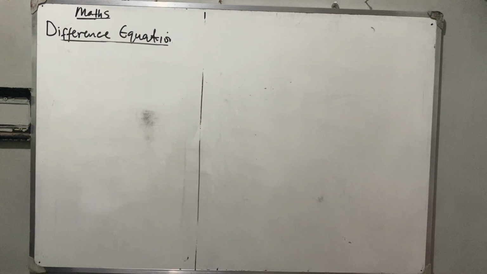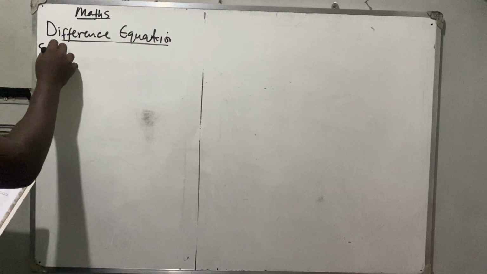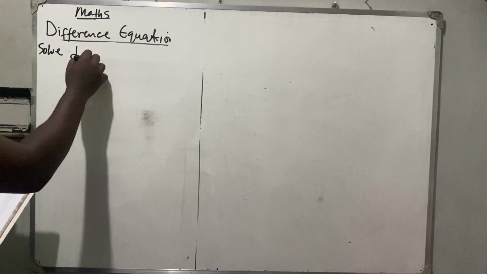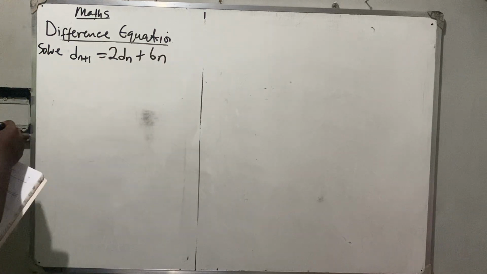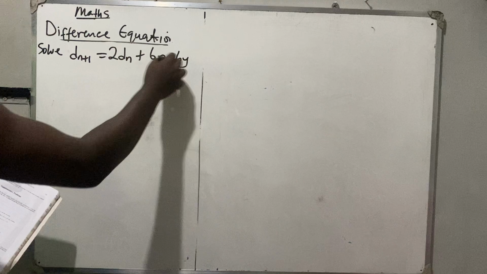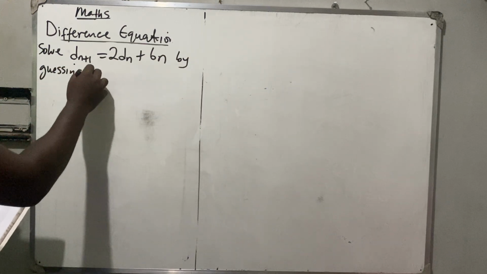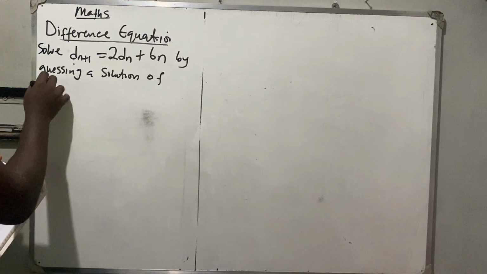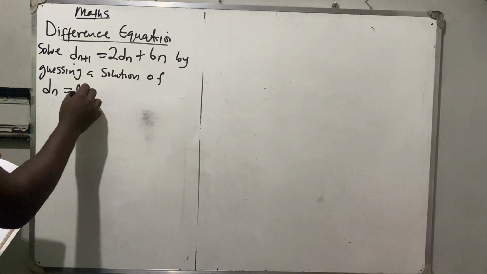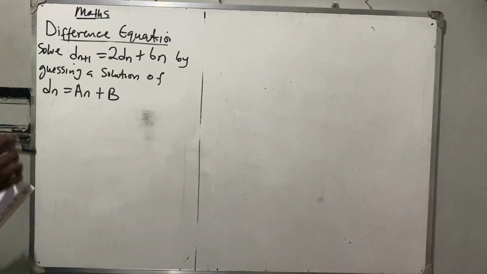So the next question here says we should solve d(n+1) is equal to 2dn plus 6n by guessing a solution of dn to be equal to an plus b, where a and b are constants.